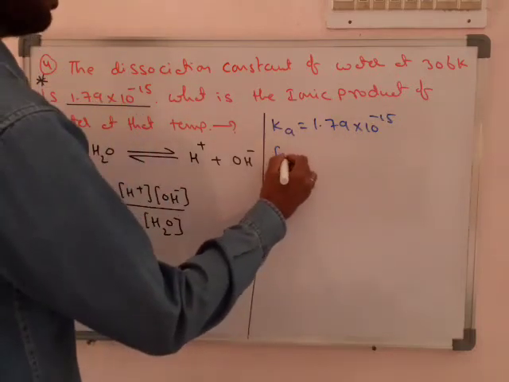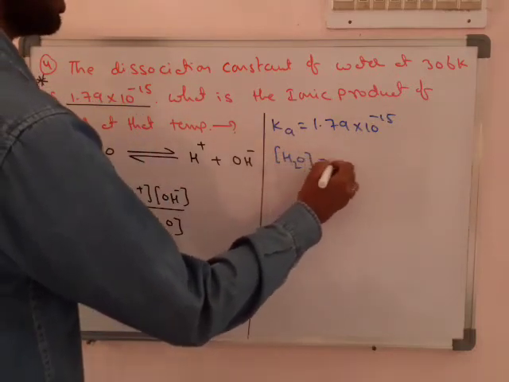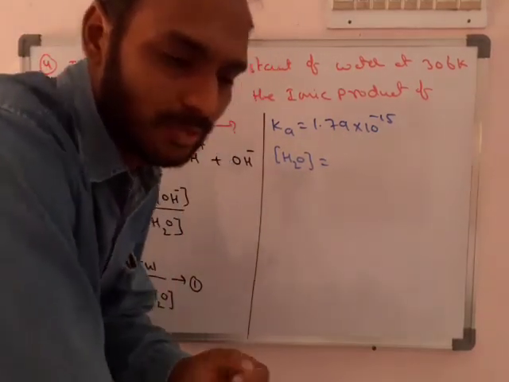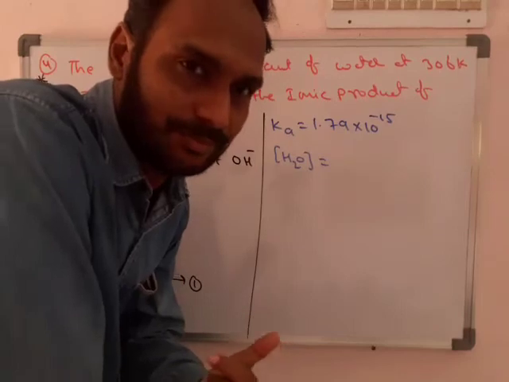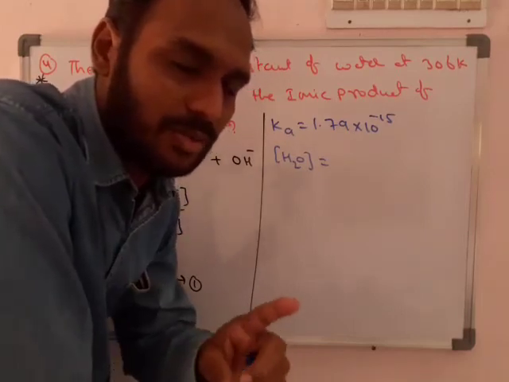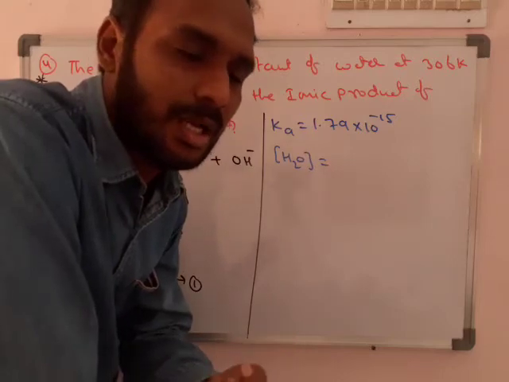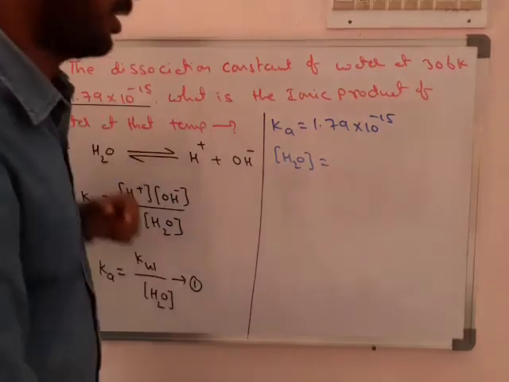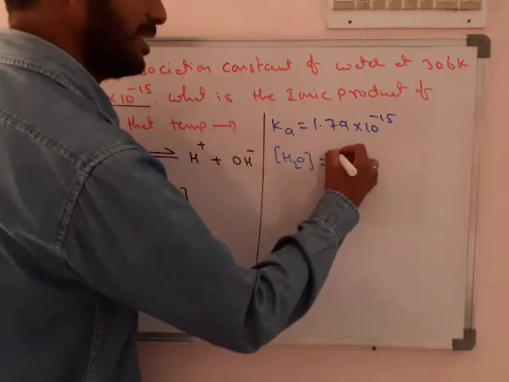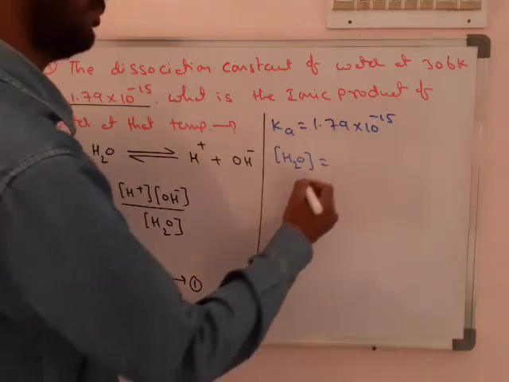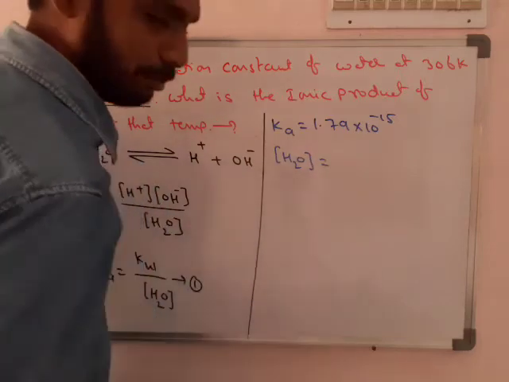Then the important thing is what is the H2O concentration. It is very important. H2O concentration we have to take in moles per liter. Okay, the standard value we take is moles per liter. So H2O in moles per liter, how much will we get?